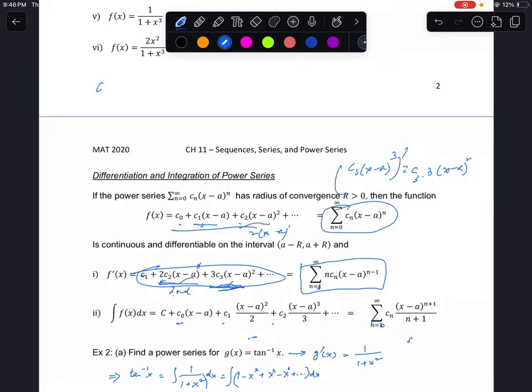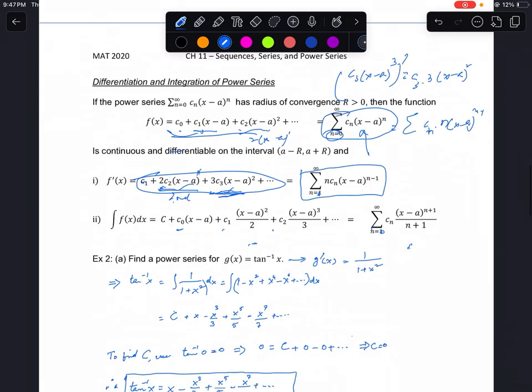It looks like we can just differentiate what is inside, summation c sub n times n times (x minus a) raised to n minus 1. But then we could have a problem with the n. That's why it's better to differentiate or integrate in the open form.